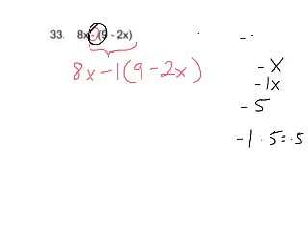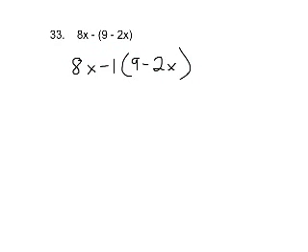If you have a negative in front of a group like x minus 1, then a negative 1 is going to be distributed. So we will distribute that negative 1 over the 9 and the negative 2x.